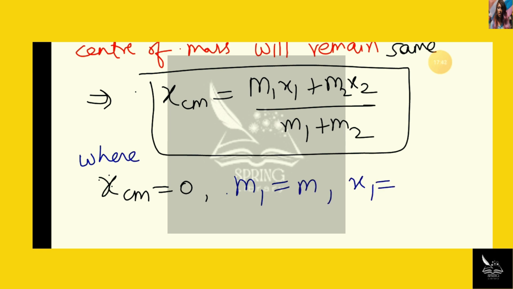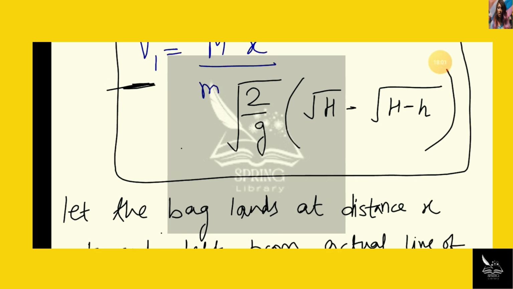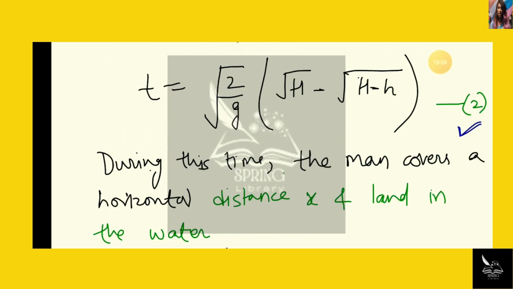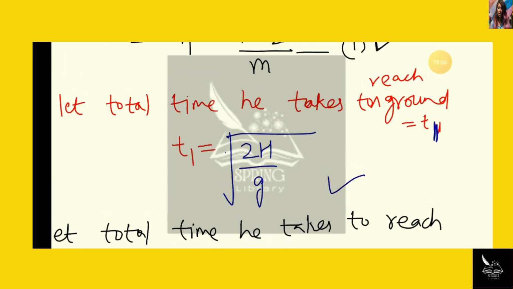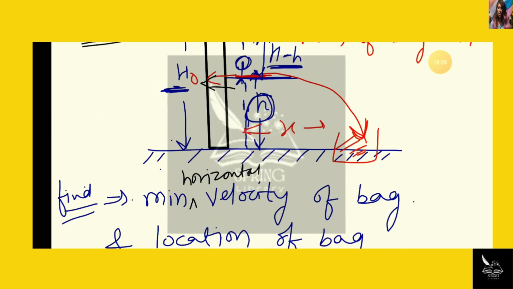And m2 will be the mass of the man, that is given in the question, capital M, and x2 will be the horizontal distance between the vertical line, that is the line of fall, and the location where the man is landing in the pond. So x2 will be written as x.